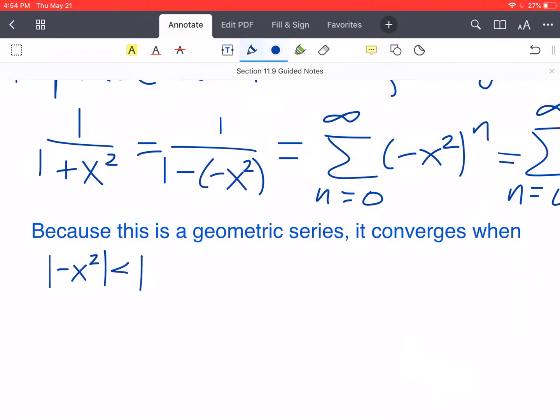So when the absolute value of negative x squared is less than 1, which is just when the absolute value of x squared is less than 1, which only occurs when the absolute value of x is less than 1.